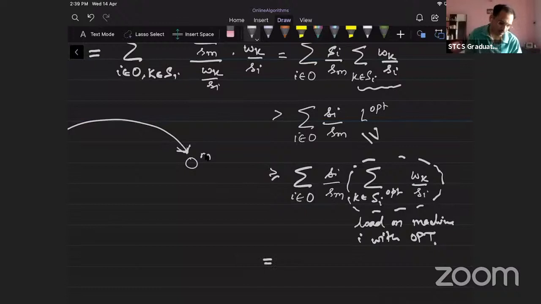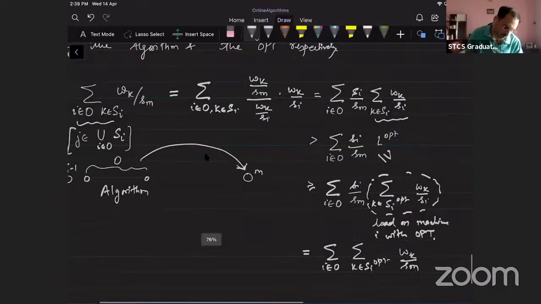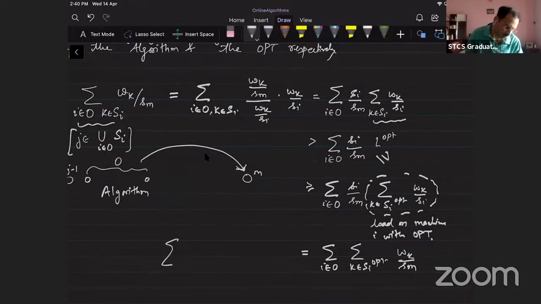Now I just multiply and divide to get the sum over i belongs to O, sum over k belongs to Si OPT, Wk over Si. So where did I start? I started, on the left hand side, with the summation Wk over Sm, where the sums are over i belongs to O and k belongs to Si. And I've been able to compare with k belongs to Si OPT.